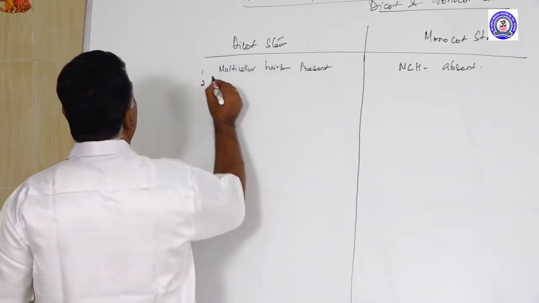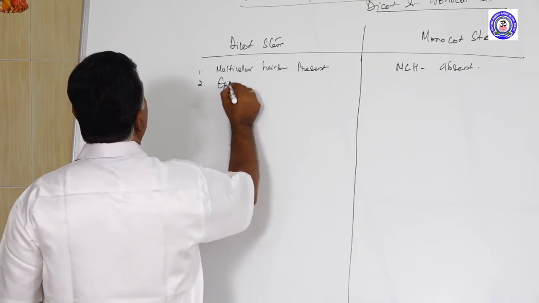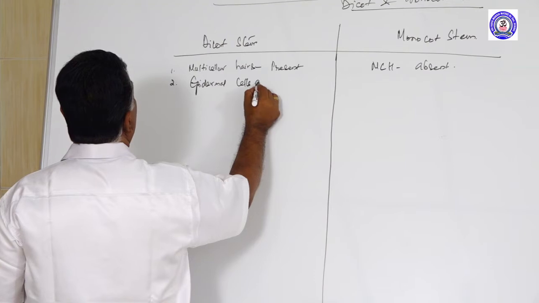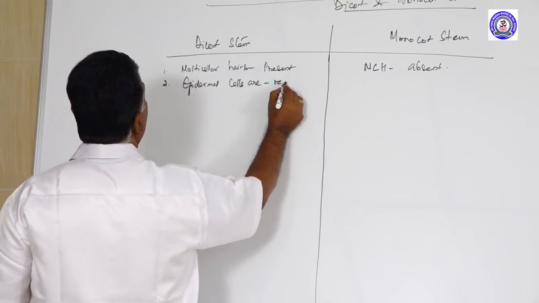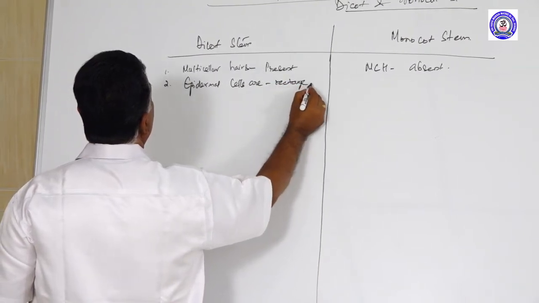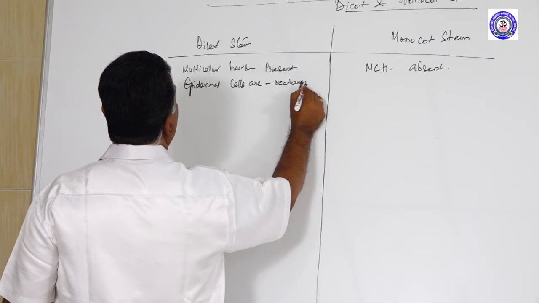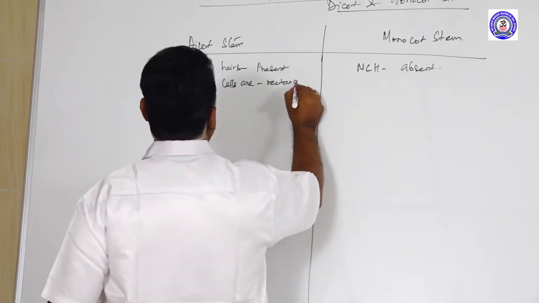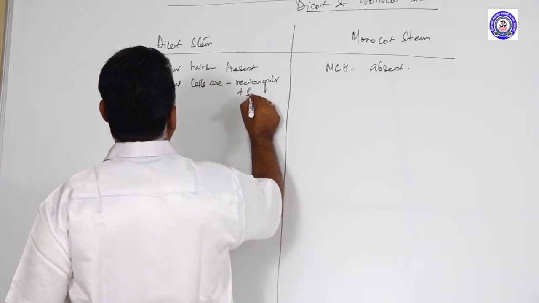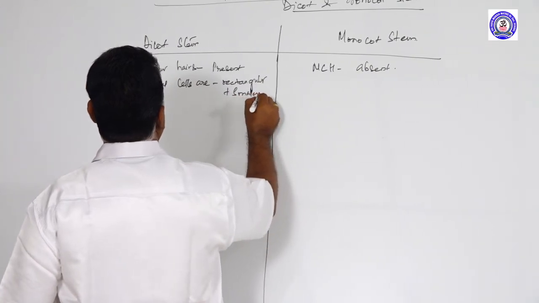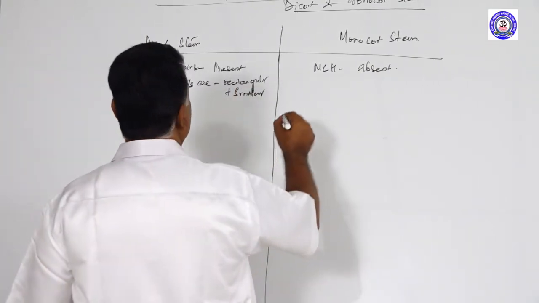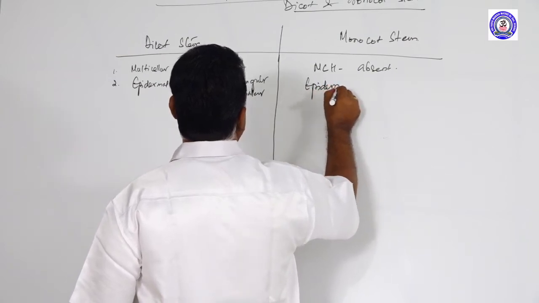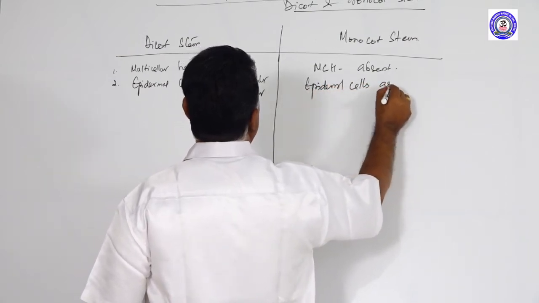Point number 2. Epidermal cells are rectangular and smaller in the dicot, and in monocot these epidermal cells are larger.